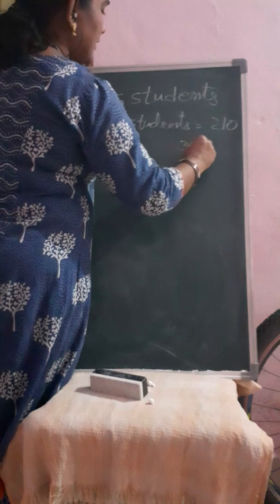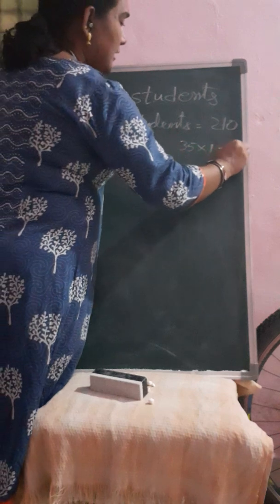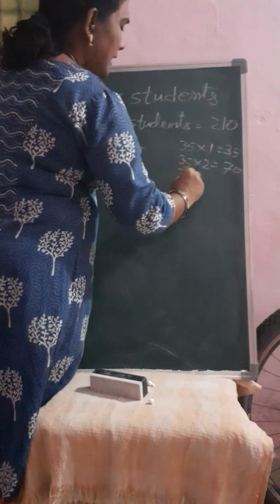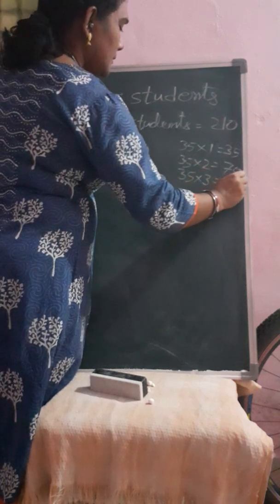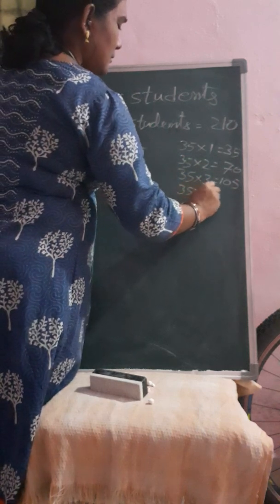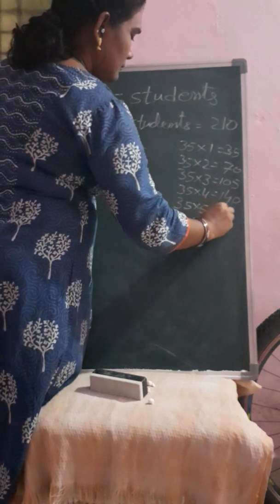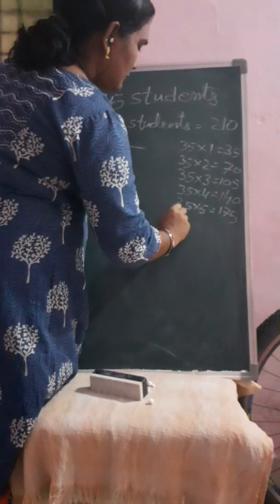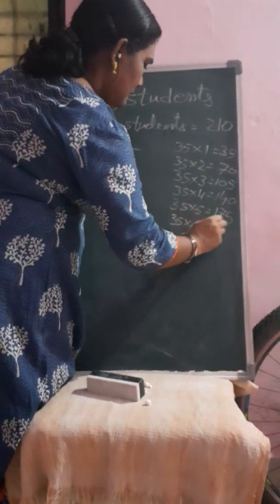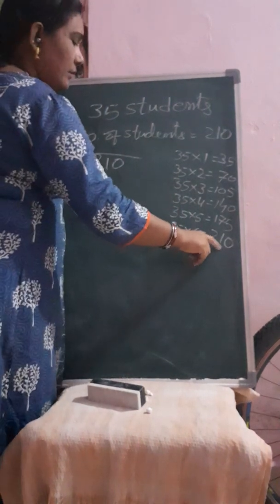So the 35 table, maybe you don't know the 35 table. Okay, so what to do? By multiplying you can make the table first here. Now see, 210 came, our 210.